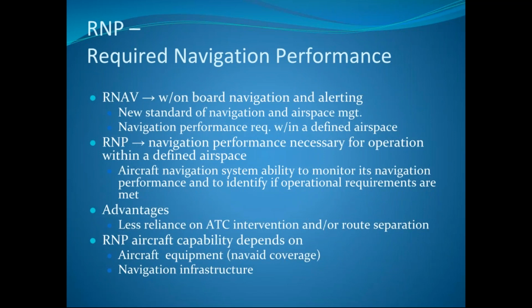The advantages would be less reliance on air traffic control intervention and route separation. So we can get a lot more planes through a lot tighter area a lot quicker with RNP.